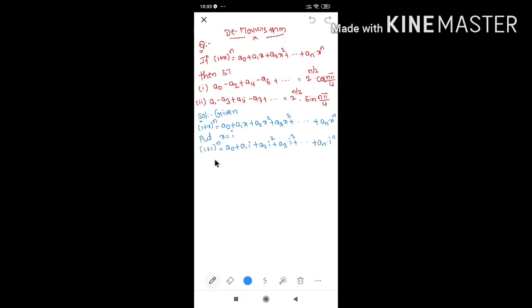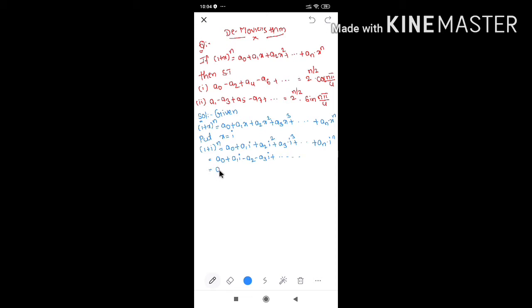is equal to a0 plus a1 i, i square value minus 1, minus a2, i cube value minus i, minus a3 i like so on.